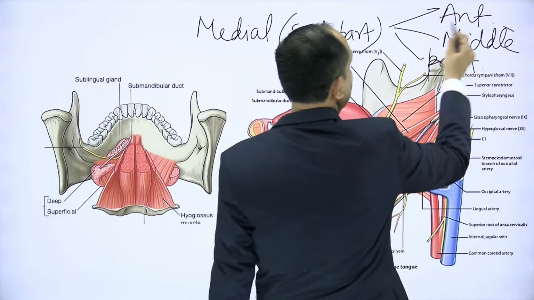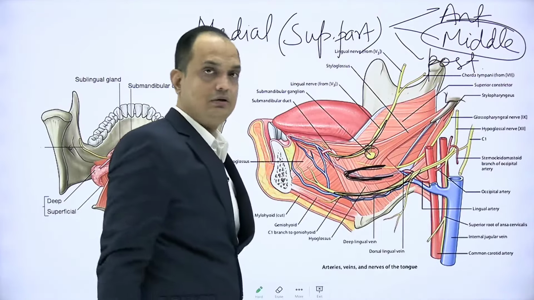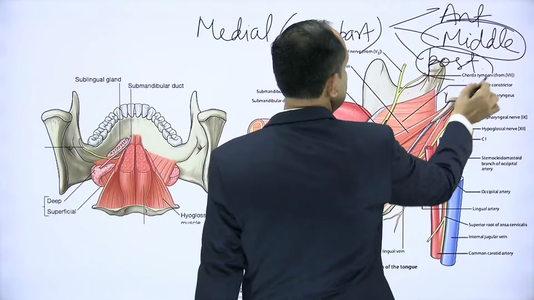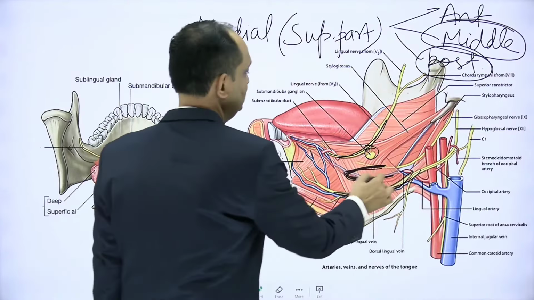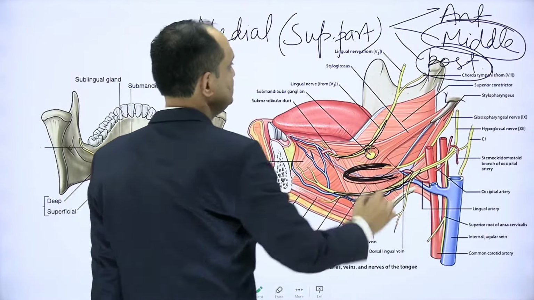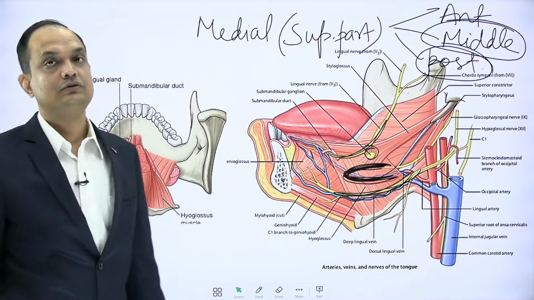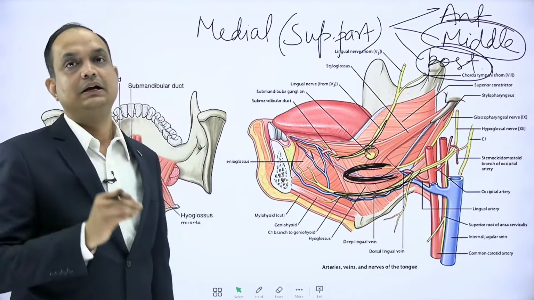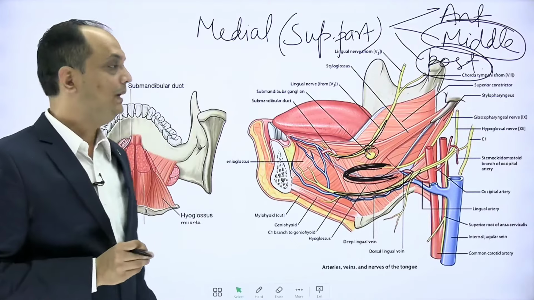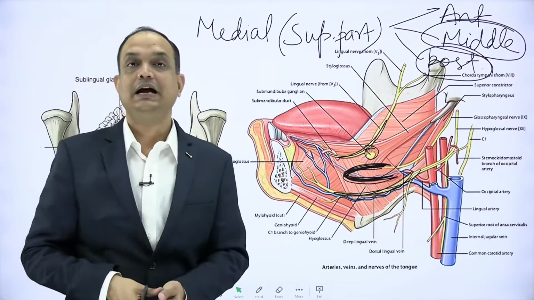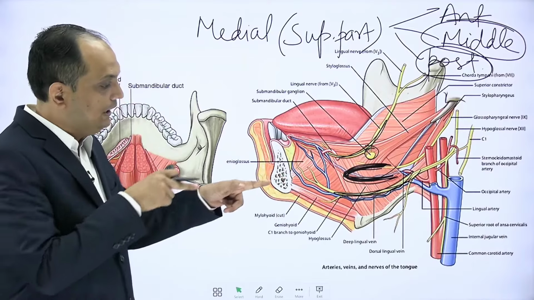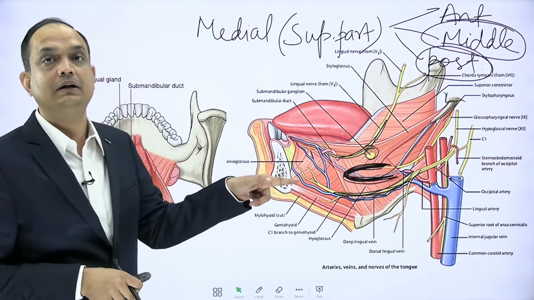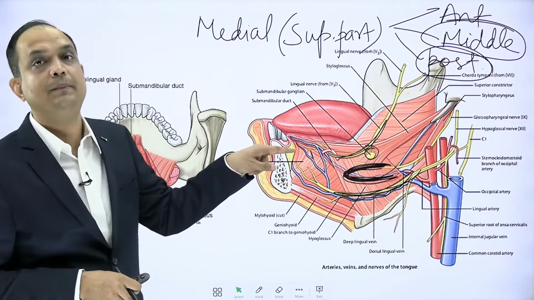Now the middle relations or some of the posterior relations are very similar to the deep relations of the submandibular gland. Whenever you are reading the relations of the submandibular gland, it is highly confusing, but you have to understand that the gland is not overlapping the superficial and deep part, but it has a twisted appearance.